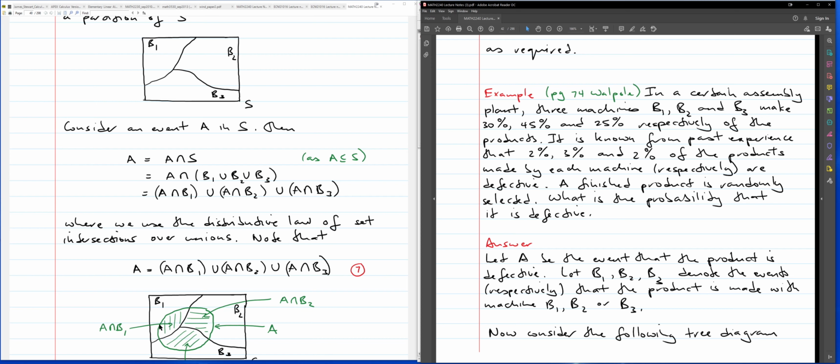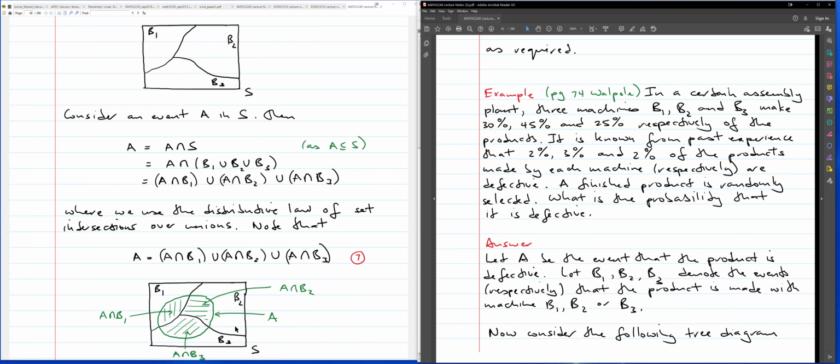Now, what you want to notice is that this green event A that represents the defective products intersects B1, so that's this part over here. It intersects B2, which is this part over here, and it intersects B3. So the entire A consists of the part where it intersects B1, the part where it intersects B2, and the part where it intersects B3.